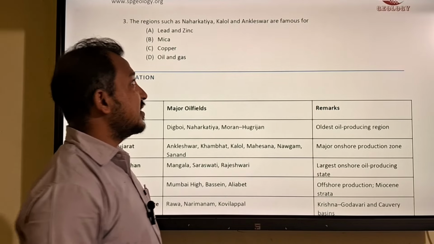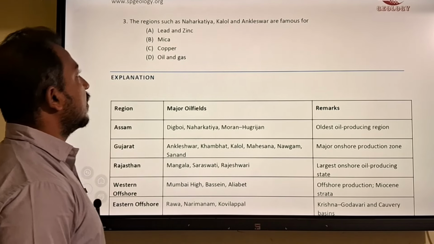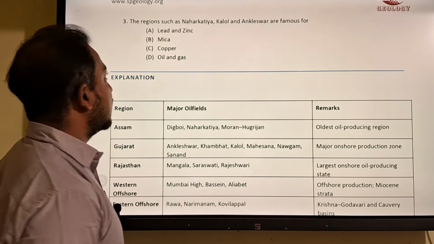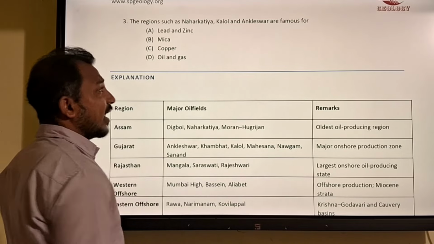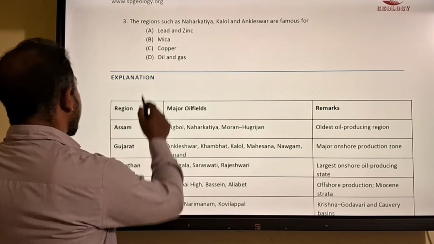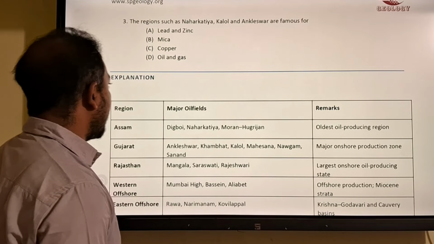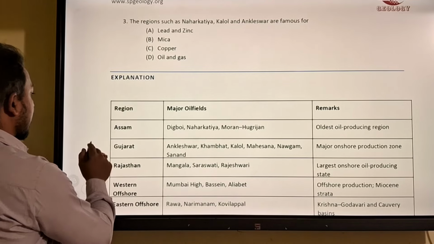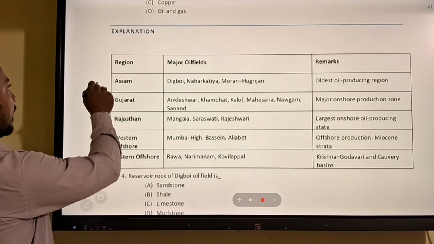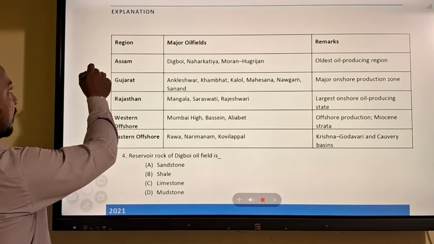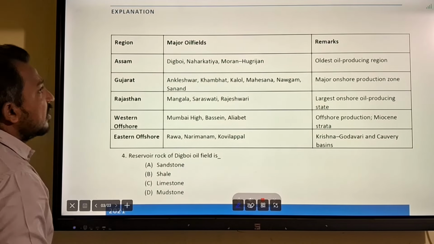Then the next question is about petroleum or oil and gas deposition. Naharkatia, Kalol, and Ankleshwar are famous for oil and gas deposition, that is petroleum and natural gas. I've made a table of different oil fields in different parts of India.